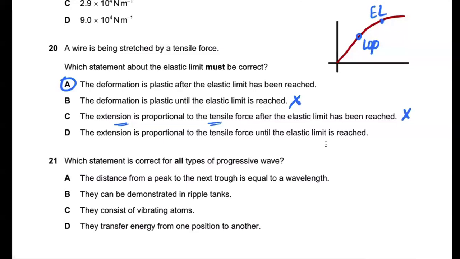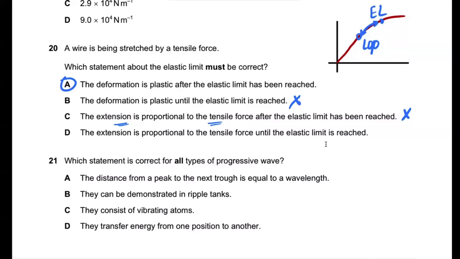right? And if we look at D, extension is proportional to tensile force until the elastic limit is reached. So usually the idea is this, and I have talked about this in the lectures, that limit of proportionality and elastic limit is usually very close together. And they may also, in some cases, be the exact same point.